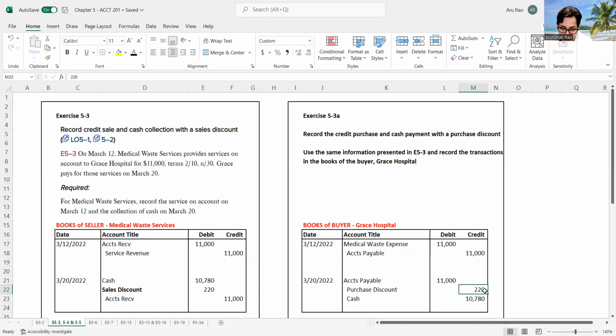Unless I'm very sure I can get a return on my money by investing somewhere in the market, and we all know that's very risky, this is basically an actual cash savings for me. So it's a good idea. So once again, for one party, it's a cost of doing business. For another party, it's a benefit of making the payment early: they pay less.